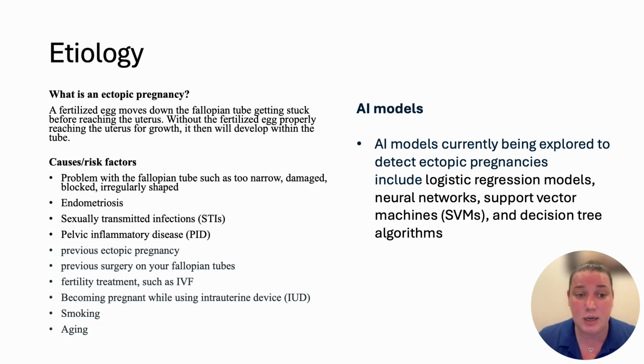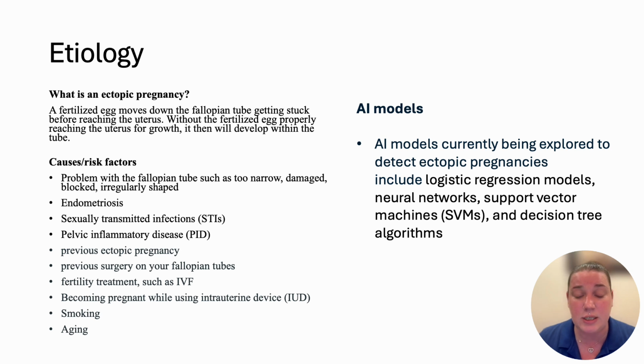Things like a previous ectopic pregnancy as well, surgery on your fallopian tubes, fertility treatments like IVF. If you have an IUD and it's not properly placed within your cervix, sperm can then travel above it, and you can also have an ectopic pregnancy.